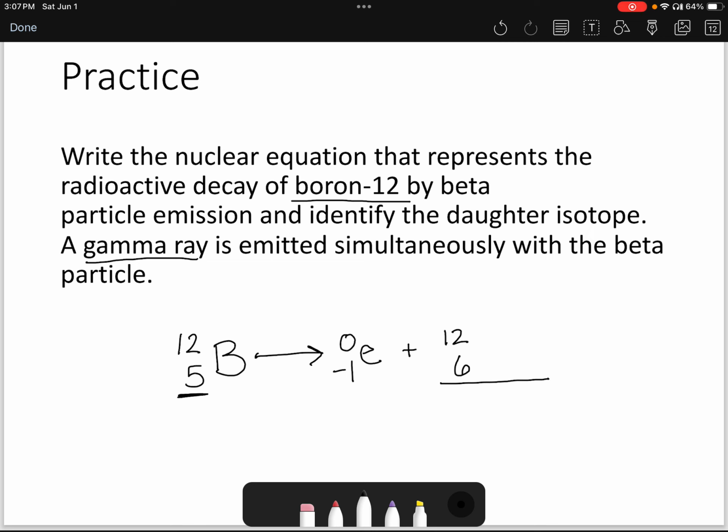And which element has the atomic number 6? Carbon. So this is the isotope that we saw earlier. So again, we can always double check that we did it right by adding everything up on both sides. So 0 plus 12 gives us 12, which is what we had originally. And -1 plus 6 gives us 5, which is also what we had originally. Perfect.